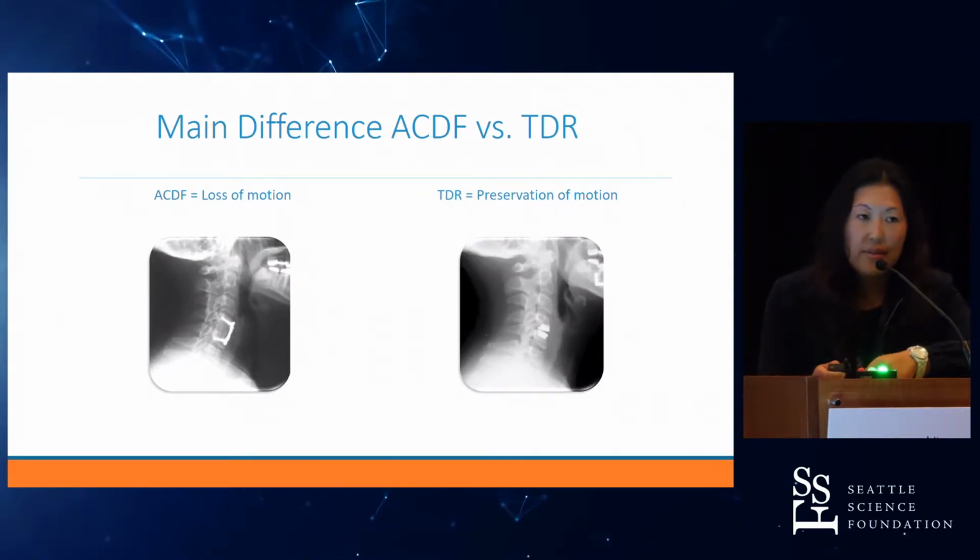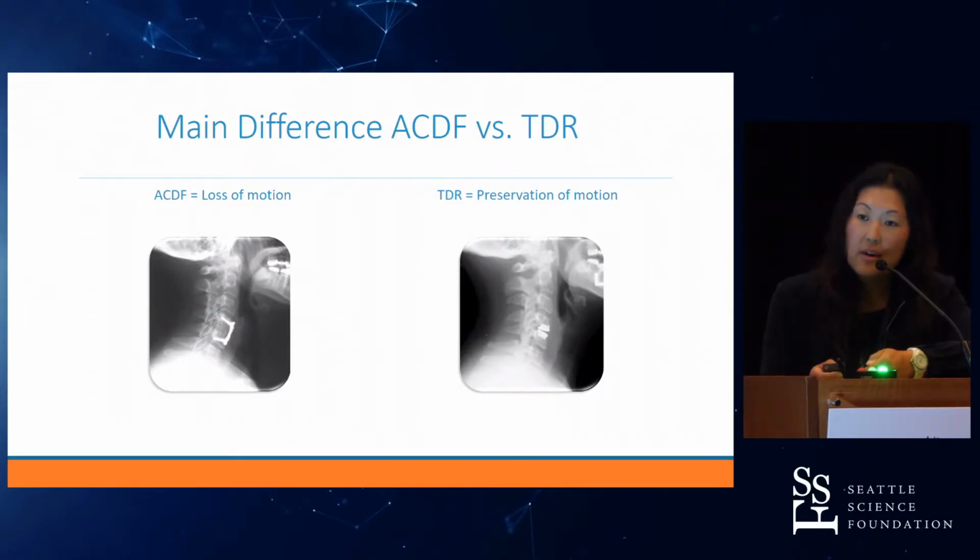There are a lot of similarities in the patient population, the clinical presentation, the decision for surgery, surgical indications, and even the bulk portion of the actual surgery itself is very similar, but we can't lose sight of the fact that they are two very different surgeries. In the ACDF, you are locking up that motion segment and there is no motion there.